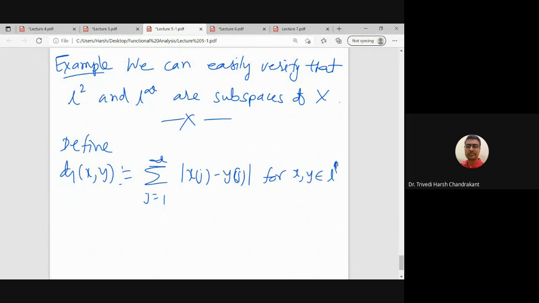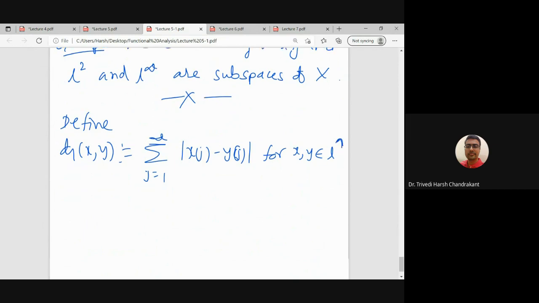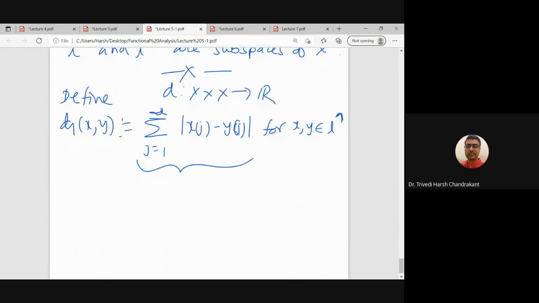The first thing we need to check is that this is a real number. We cannot define directly that d1 of x, y is this. You recall the definition: every metric is a function from X cross X to R. That means this should be a real number, meaning the series should be convergent. It cannot be infinite, otherwise it is not a real number.